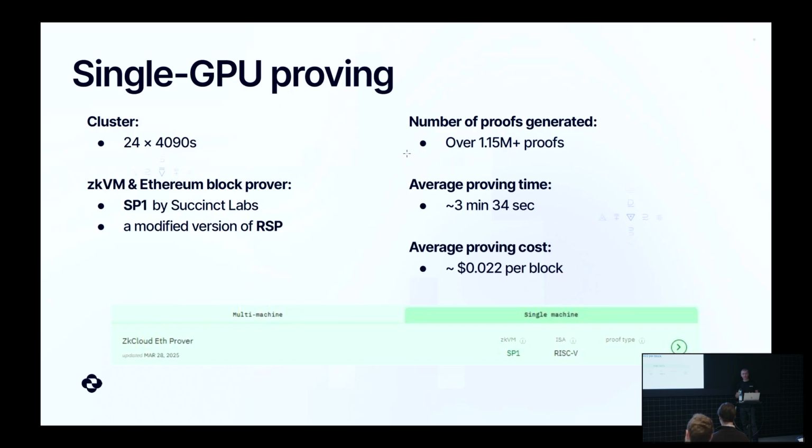The average proving time with a single 4090 is around 3.5 minutes. This used to be somewhat smaller, around 2 minutes and 50 seconds, but there has been an increase in the gas limit from 36 million to 45, and you can see the increase in the average gas usage in the blocks as well.